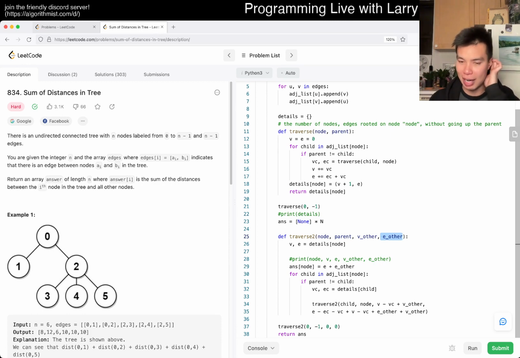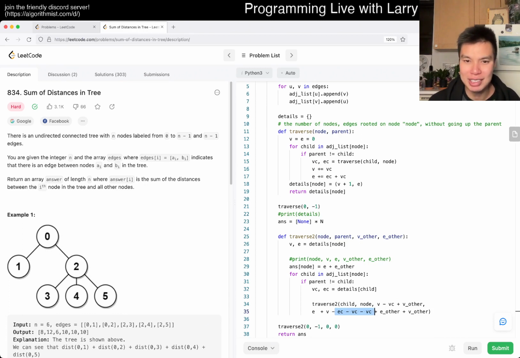So that's basically the idea, because we add the e other, and because for each of the v other they're one step away, and also all the v's are one step farther, I suppose. But then we have to minus all the children stuff that is closer, right? So that's basically the idea.